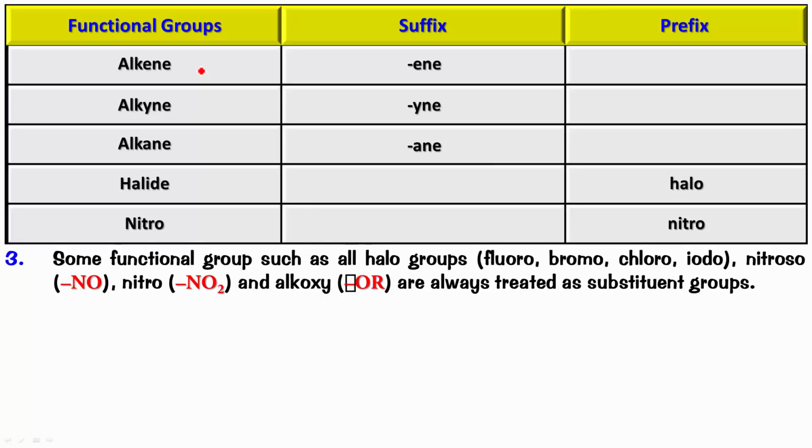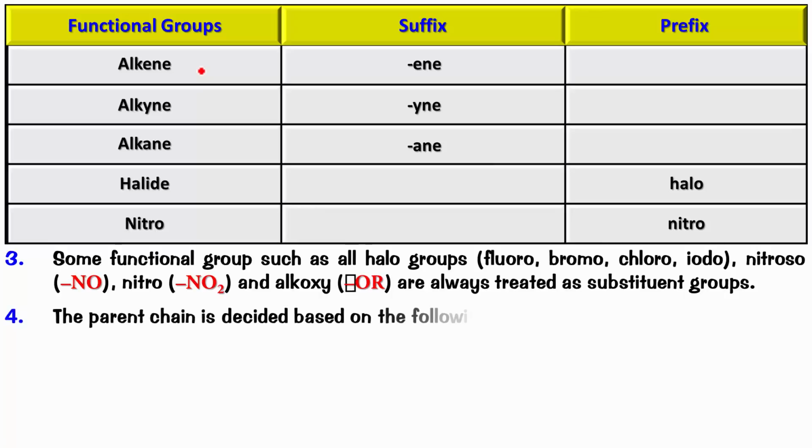Now comes the most important part. What is the parent chain? How do we decide which is the parent chain in this? You've got so many functional groups. We know the order, but then how do we follow these? Well, the parent chain is selected based on the following rules, and you have to remember all those rules in the correct order.